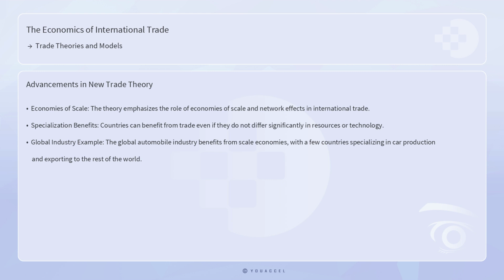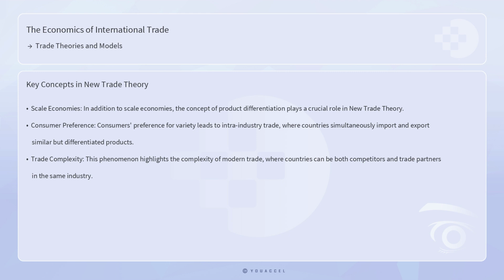By specializing in the production of certain goods, firms can achieve lower average costs through economies of scale, leading to increased efficiency and consumer choice. For example, the global automobile industry benefits from scale economies, with a few countries specializing in car production and exporting to the rest of the world. In addition to scale economies, the concept of product differentiation plays a crucial role in new trade theory.